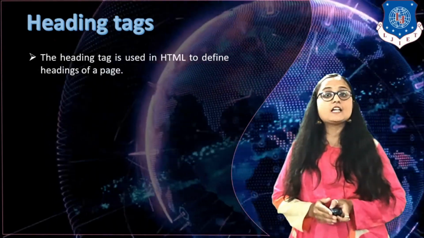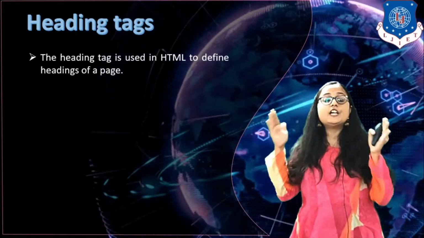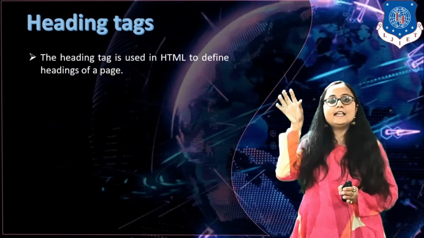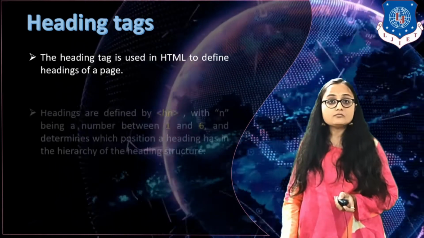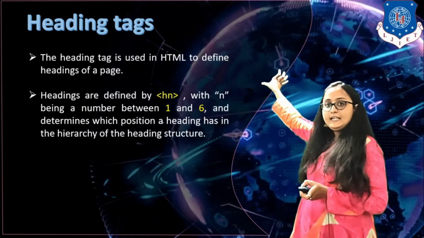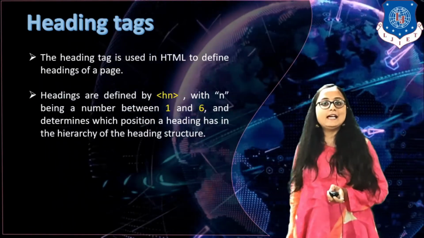It means that a web page is divided into a proper structure in which you have a heading and then the content of that particular heading. So if you want to write a heading in the structure of a web page, you can use the heading tag.